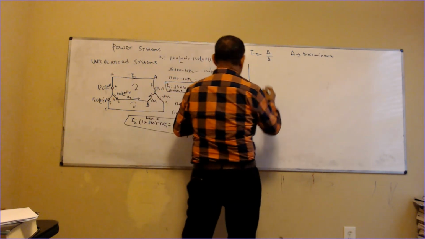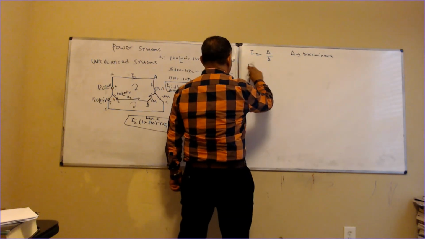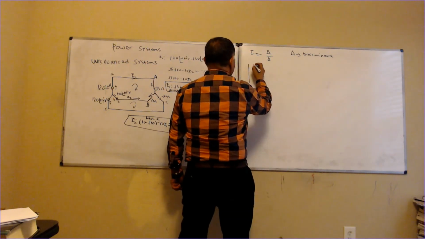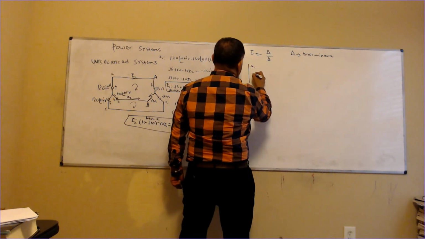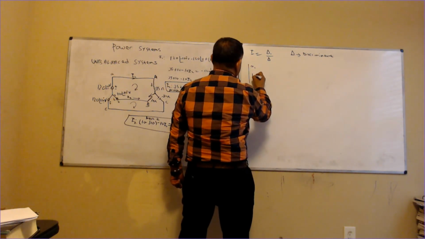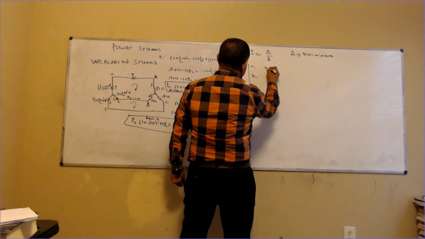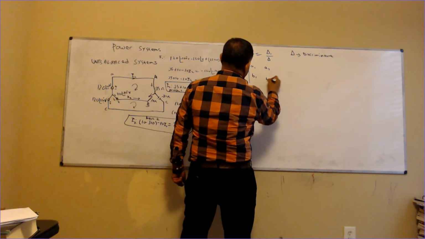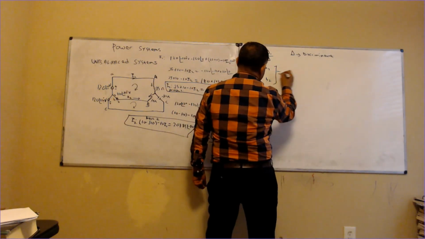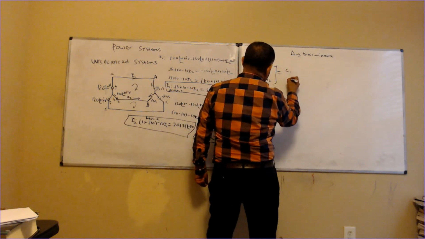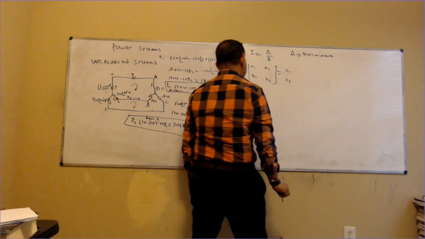Let's say for example that this equation has A1, B1, A2, B2, and this is equal to C1 and C2.